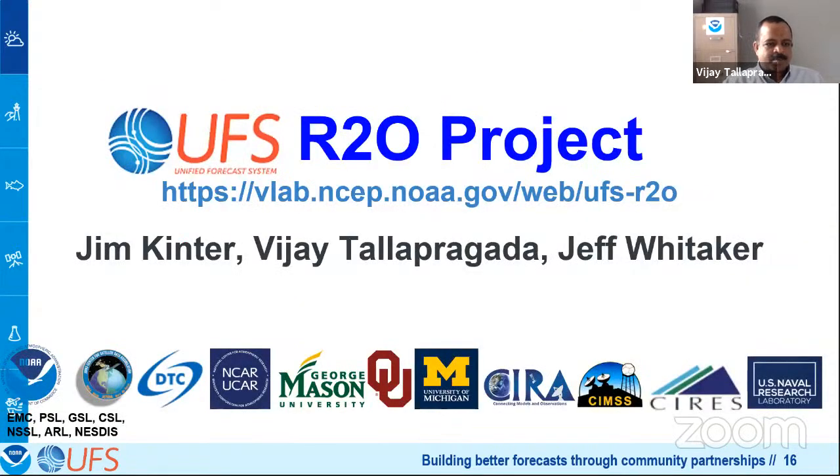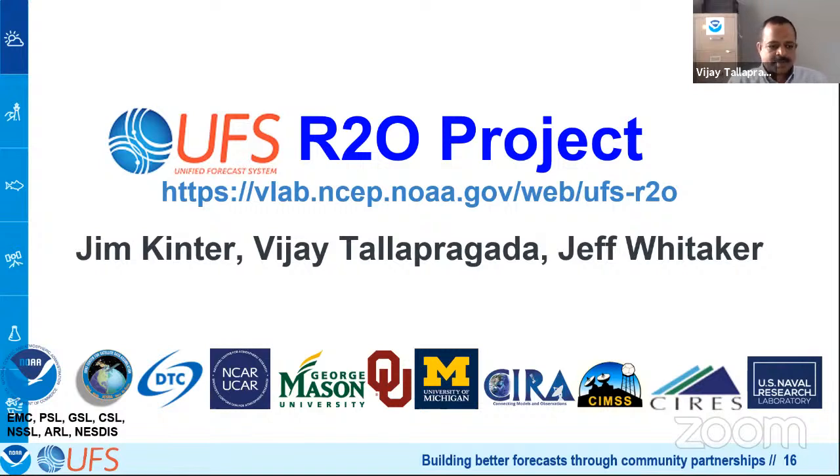So using this as a backdrop, the UFS R2O project was kicked off last July, which is now a community-based model development for the coupled models as well as all UFS applications. And this project is led by 3 individuals representing 3 parts of the community.